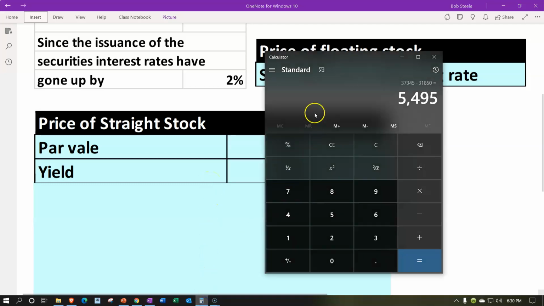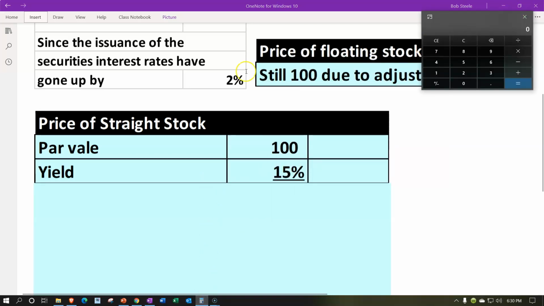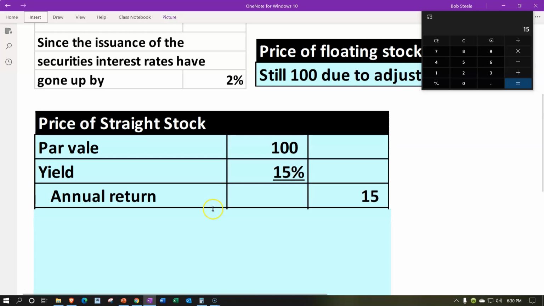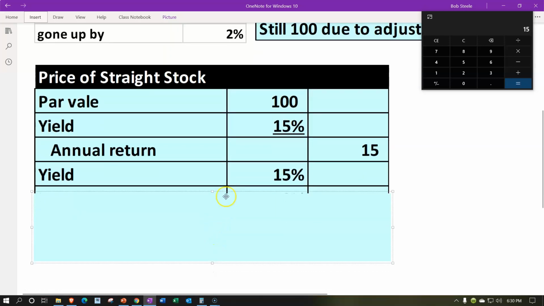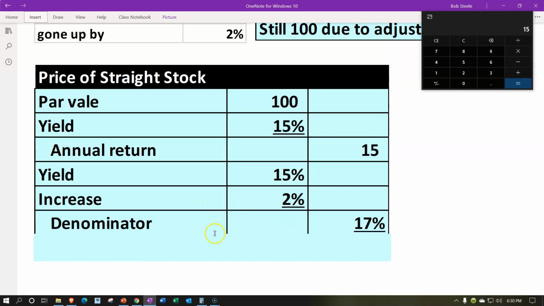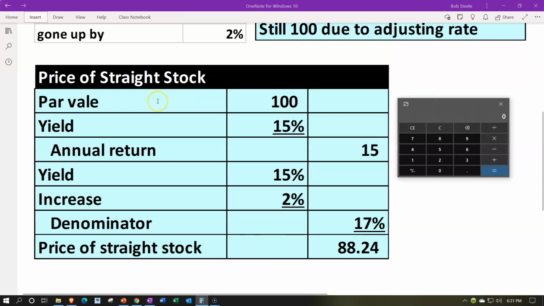Let's pull out the trusty calculator here. We have 100 times 0.15. That's going to be our 15, the annual return. And then the yield is 15%, and the increase is 2%. So that gives us the 17%. So if we take the 15 and we divide it by 0.17, we get about 88.24.